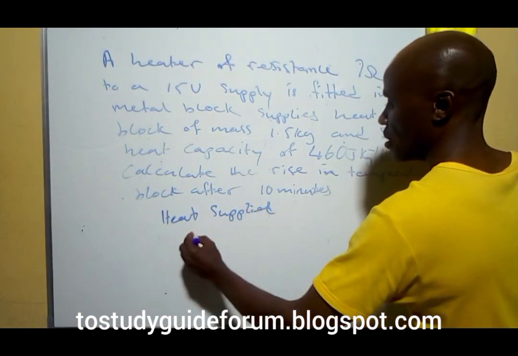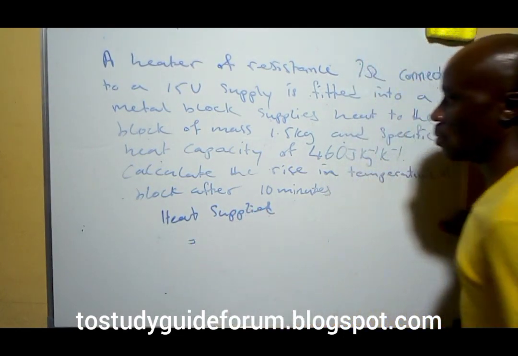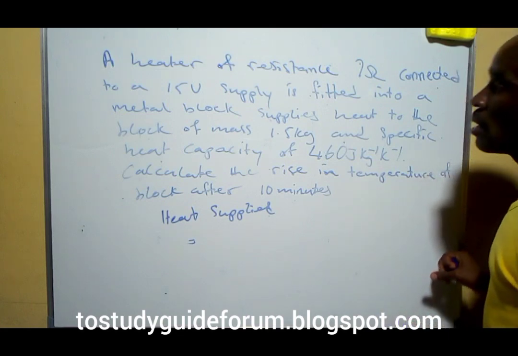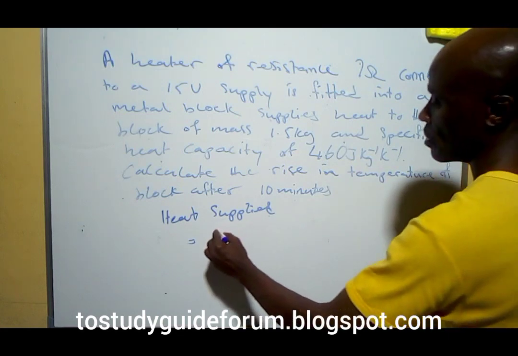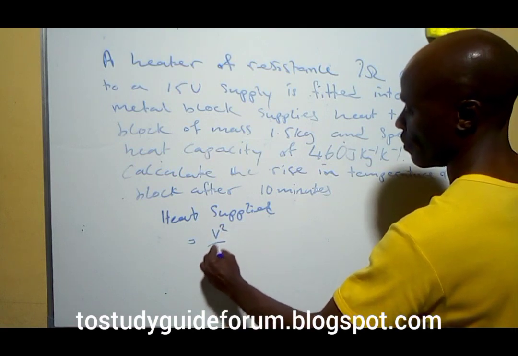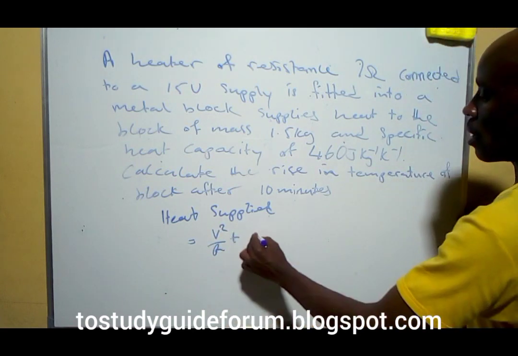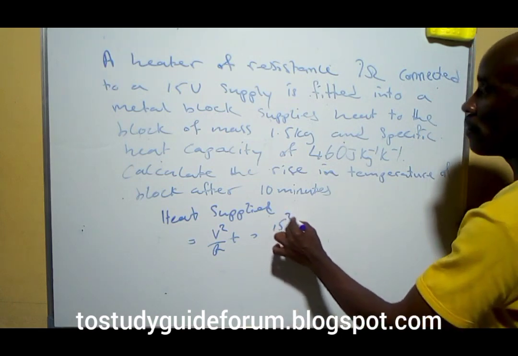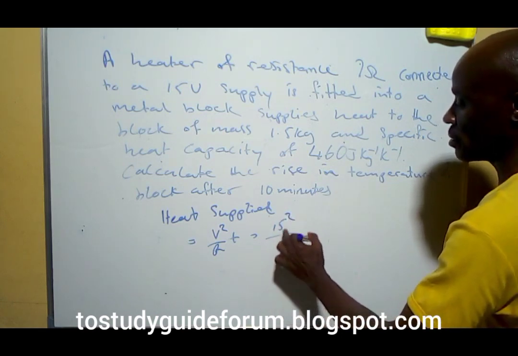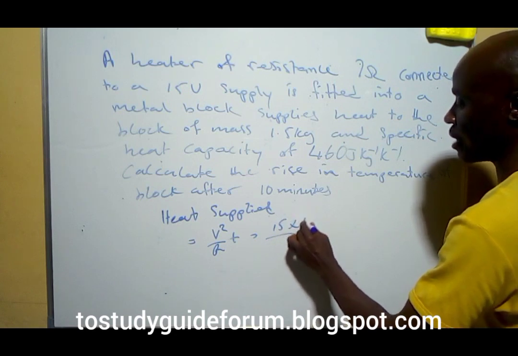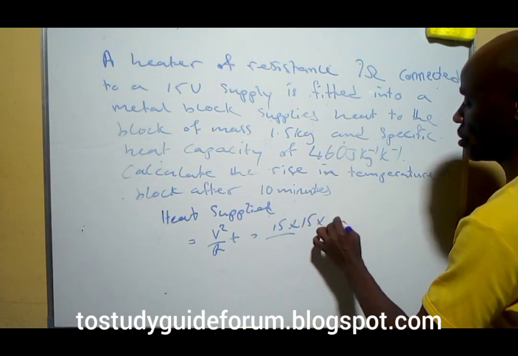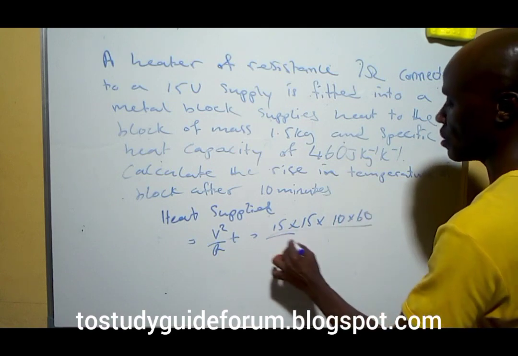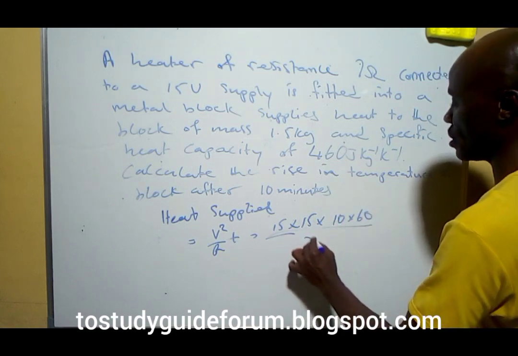The heat supplied is equal to, now we have the voltage and the resistance, which means you're going to use this formula, V squared over R, times time. Our voltage is 15 squared, times our time, which is 60, all over resistance, which is 7.